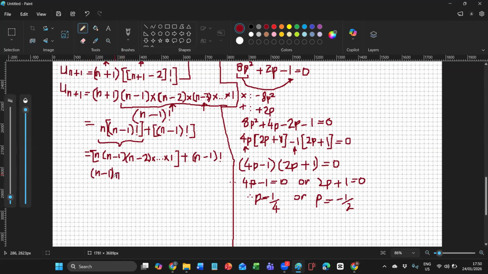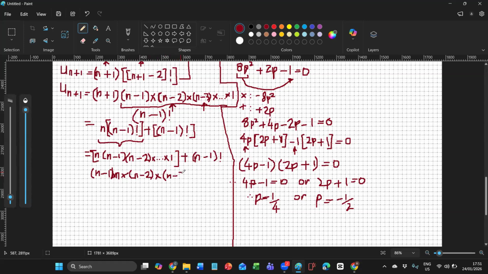Because I've changed positions, I need to put that times in between. Times n minus 2 times dot. Of course, if I wanted to continue it, I can just keep on doing times n minus 3, if I have the luxury of space.